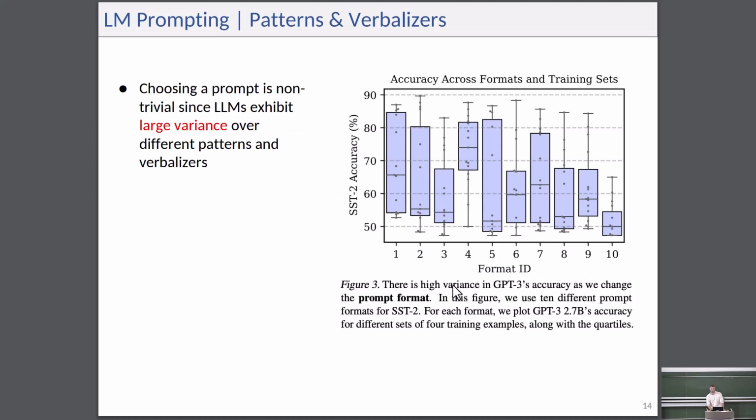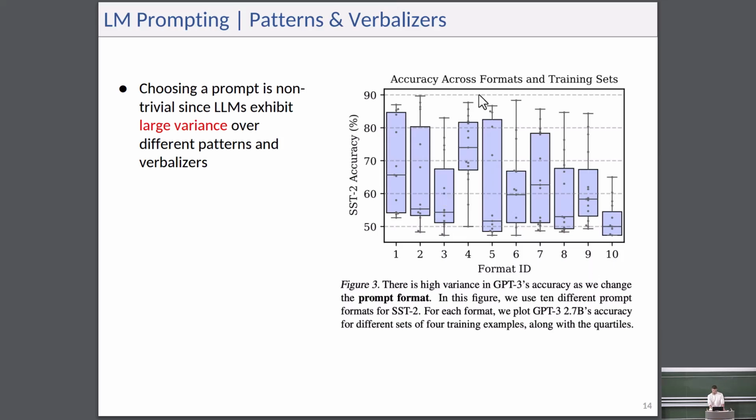The prompt, meaning what you request of the model, together with the examples that you provide with it, basically causes a lot of change in the performance of the model itself. And here we can see, for instance, experiments that have been done with GPT-3, and the only thing that was varied was the prompt format.